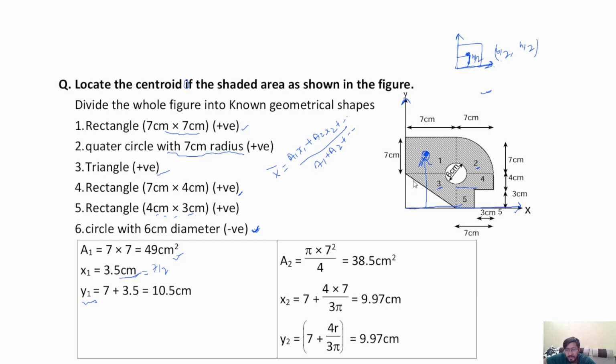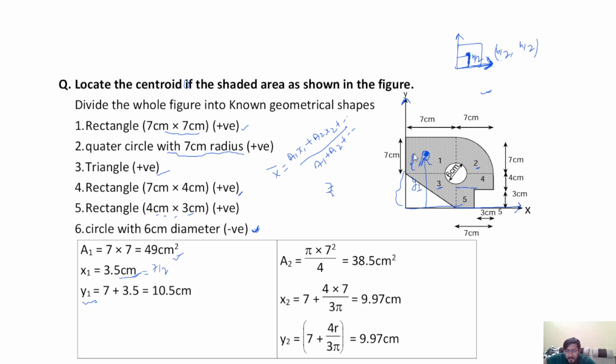That's why this is called y1, and y1 is equal to the sum of this distance and this distance. If the reference axis is the bottom of this rectangle, then the centroid is h by 2, that is 7 by 2.